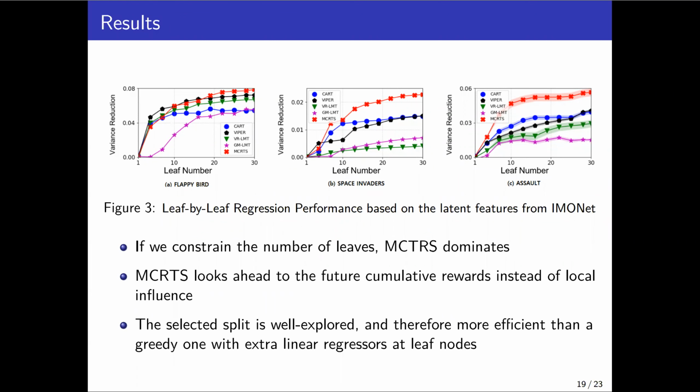If we compare the variance reduction per leaf of the baseline methods, definitely the Monte Carlo regression tree search dominates given the same number of leaves. The Monte Carlo tree search looks ahead to the future cumulative rewards instead of local influence, and we see that the selected split is well explored and therefore more efficient than a greedy one with extra linear regressors at leaf nodes.